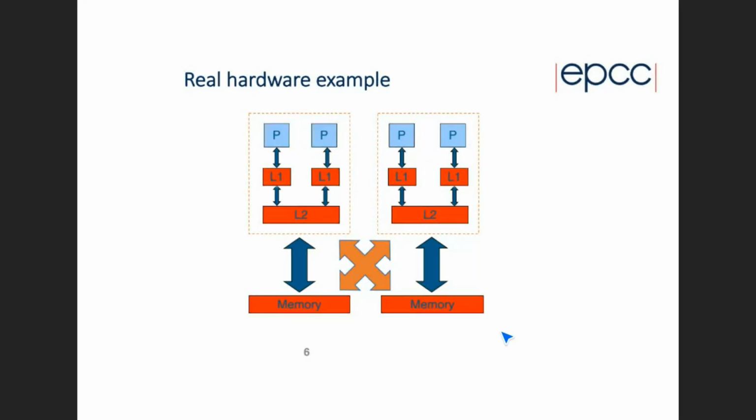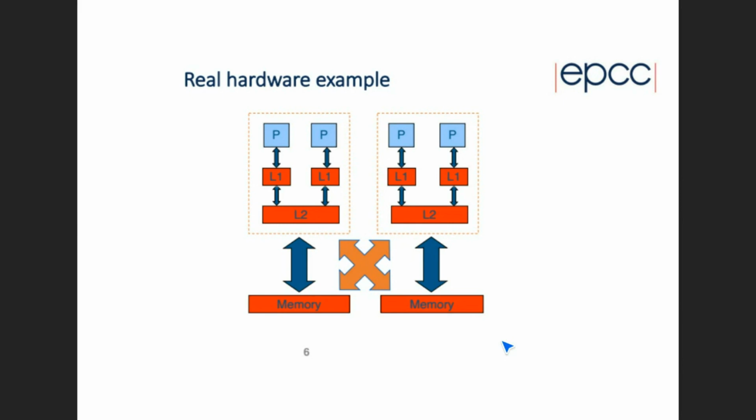In reality, of course, modern systems are much bigger. For example, if we look at what's in ARCHER2, each node in ARCHER2 has 2 sockets. Each socket is a chip with 64 cores, and the memory across the whole node is really split up into 8 separate memories. Essentially each piece of memory has 16 cores associated with it.